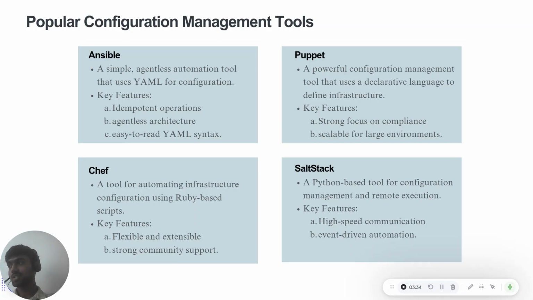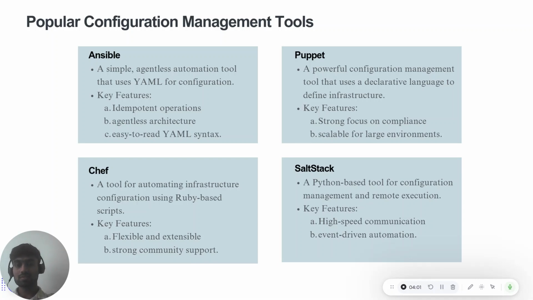YAML is a human readable language, very easy to understand, so we can use it easily. It has an agentless architecture: if we have to use Ansible, we don't have to install any other software on target machines. Ansible is quite popular compared to the other tools.